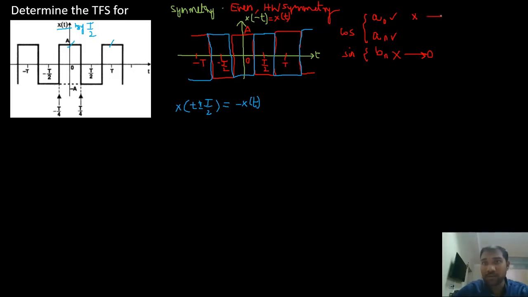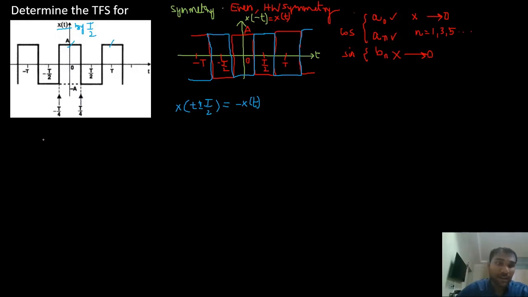So this is also 0. And An will exist only for n equal to 1, 3, 5, and so on, odd harmonics. So it is sufficient if we can find An, right? So we'll just write the given signal x of t exhibits even symmetry as well as half wave symmetry. Hence, A0 is 0 and Bn is 0.